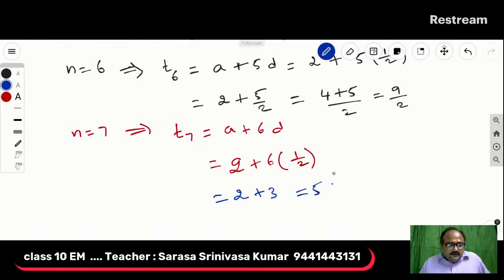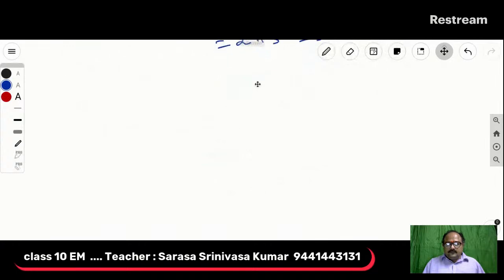So we have written the three terms according to the given question. Now we solve the next problem. This is third problem. Third problem in this model.